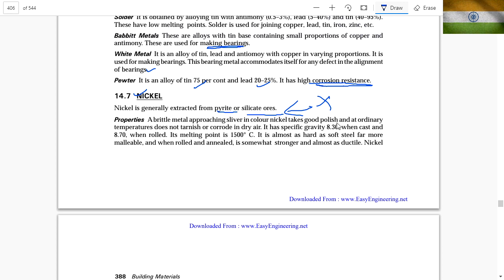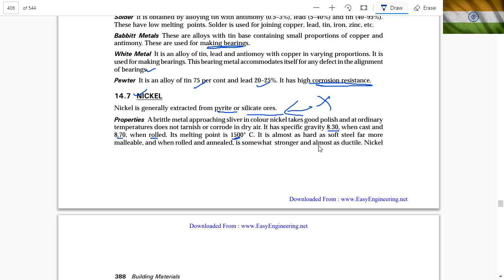Nickel takes a good polish and at ordinary temperatures does not tarnish or corrode in dry air. It has specific gravity 8.3 when cast and 8.7 when rolled. And the melting point is very high, 1500 degrees centigrade.